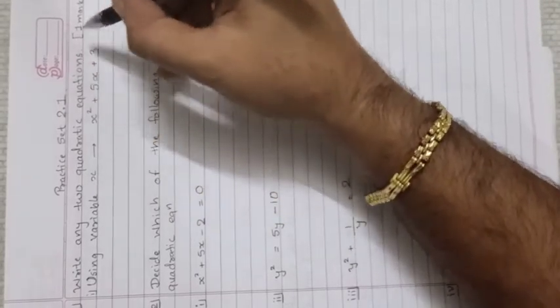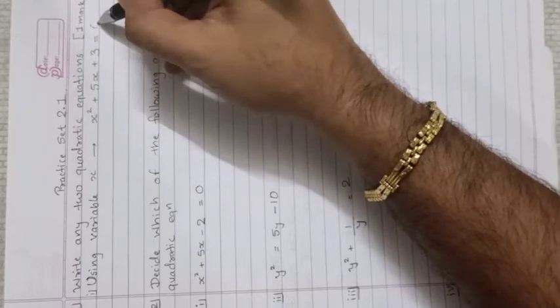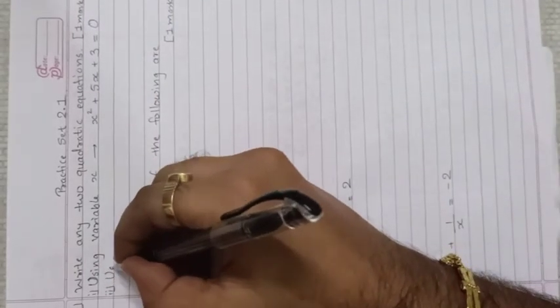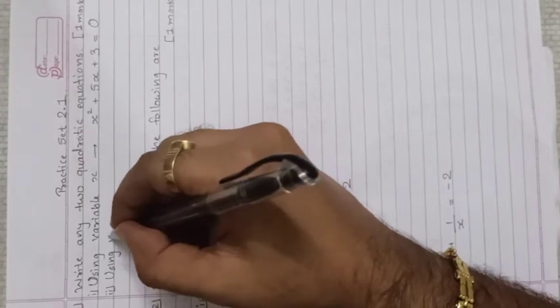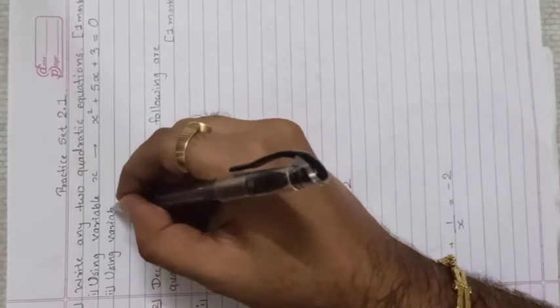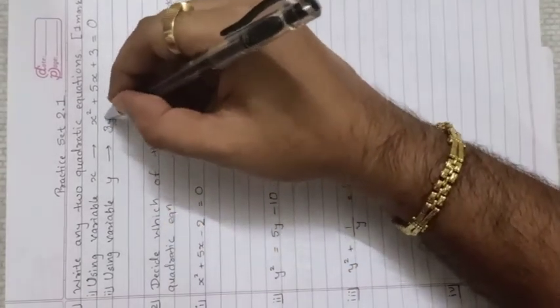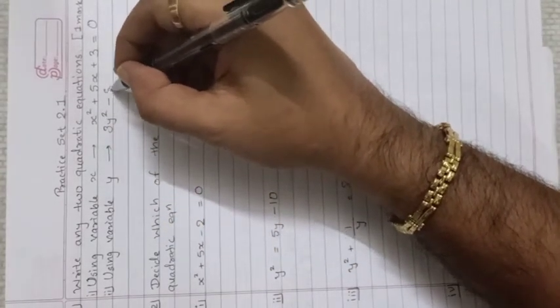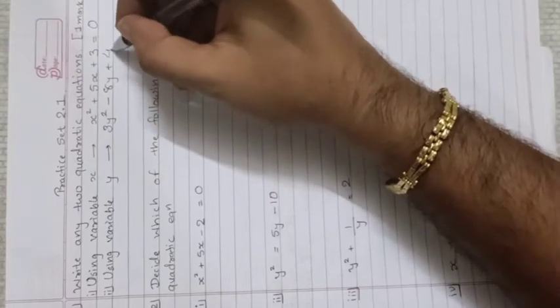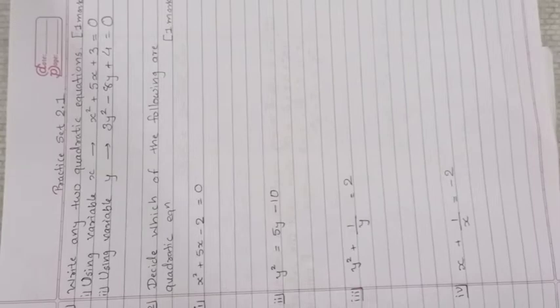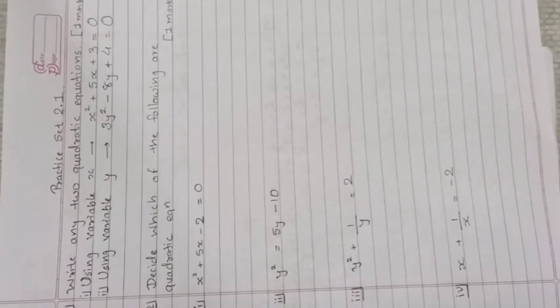See, it's an equation, so equal to something, I can write 0. And number 2, using variable y. 3y square minus 8y plus 4 equal to 0. So you can use any type of quadratic equation with any variable.